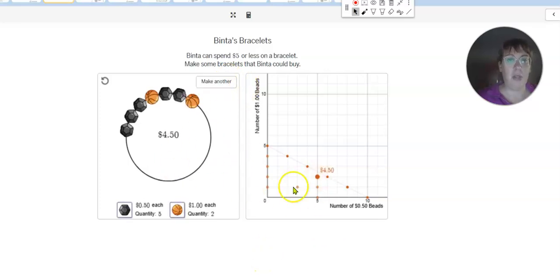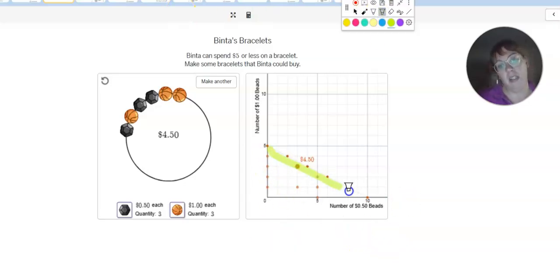Just making a bunch of points, and you see all these points are getting shaded in. Voila. Beautiful. We should be making a bunch of points. We're going to notice that all these points in this shaded area are going to be options that we could use.